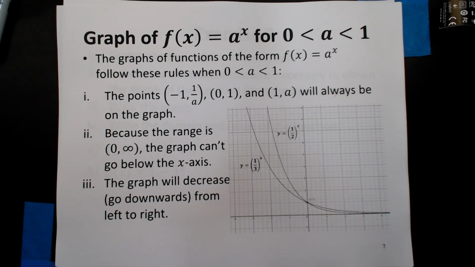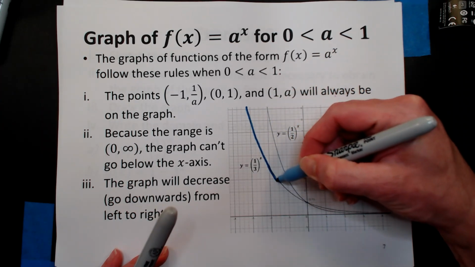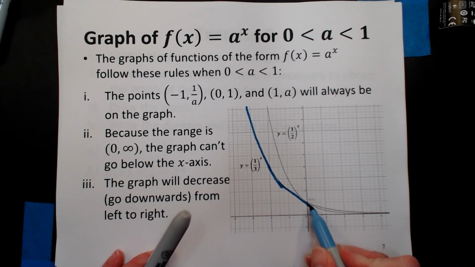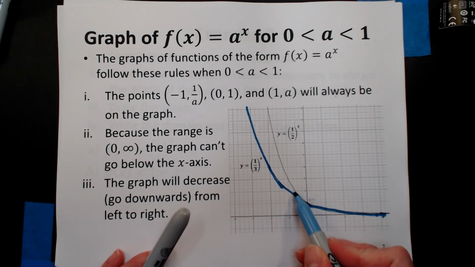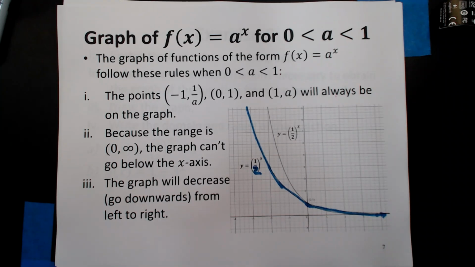So once again, this is going to decrease. We're going to have this one right here. This is actually going to be, when you plug in -1, this is actually 2, and this is 3.